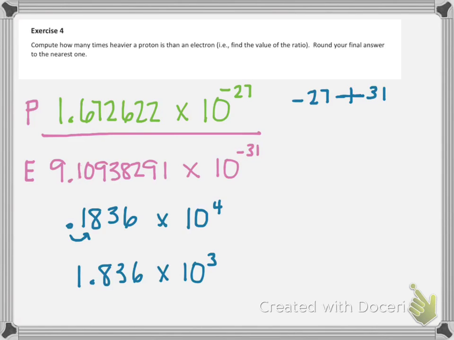So 1.836 times 10 to the 3rd, which if we wanted to know what that was to find out how many times heavier the proton is, we would move 3 decimal places, and that would be 1,836 times bigger. 1,836 times bigger the proton is than the electron. All right, that's exercise 4.